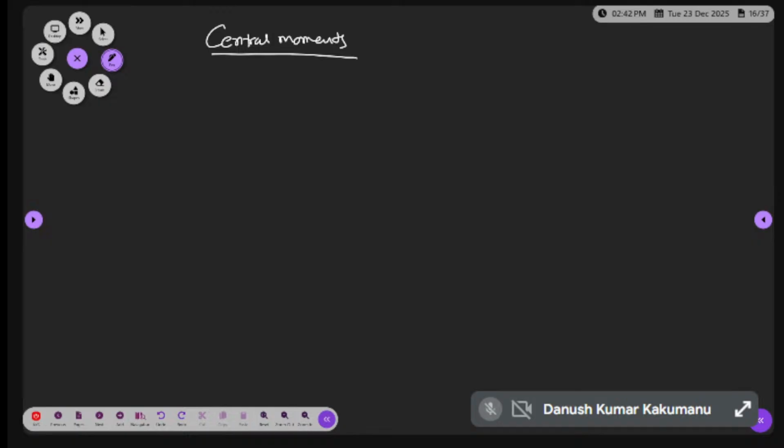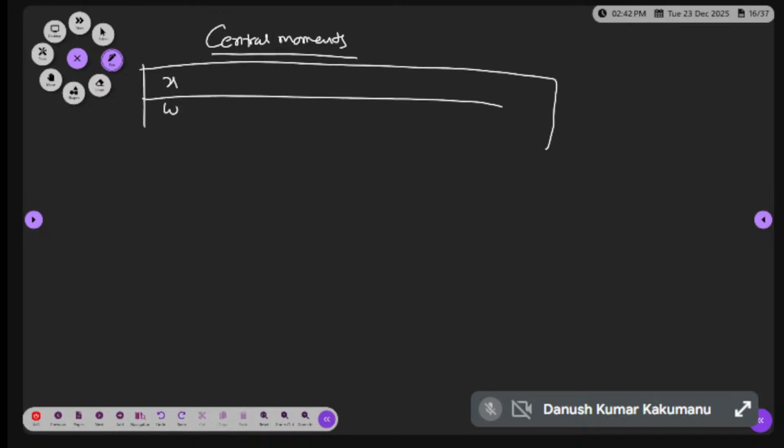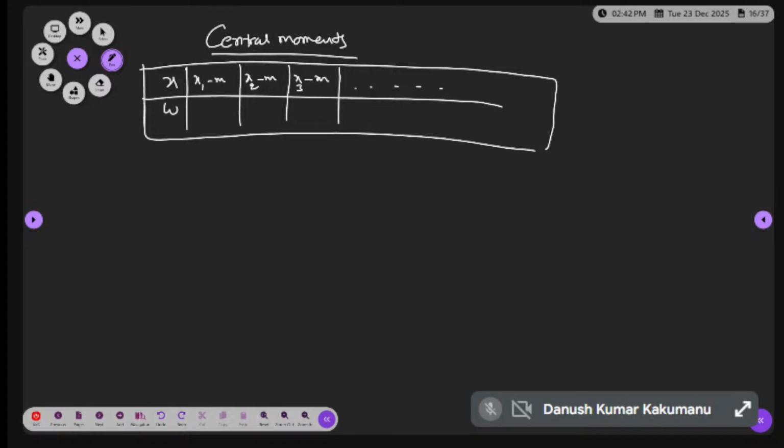For central moments, what you have to do? X1 minus m, x2 minus m, x3 minus m, and so on, Xn minus m. How many sample points do we have?